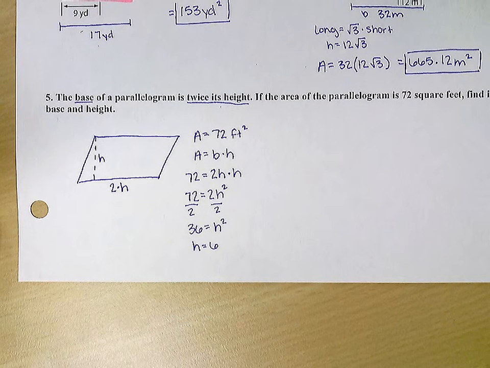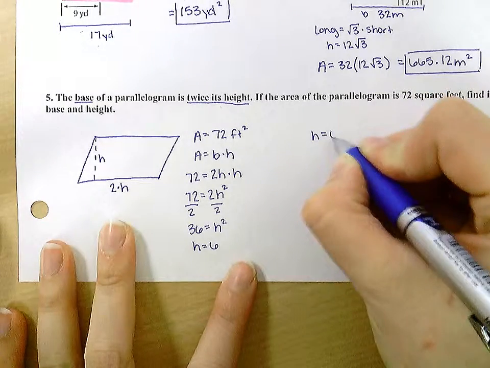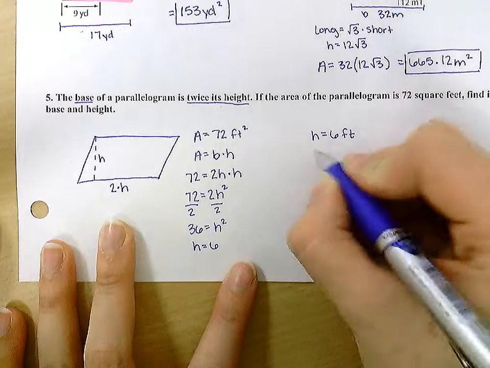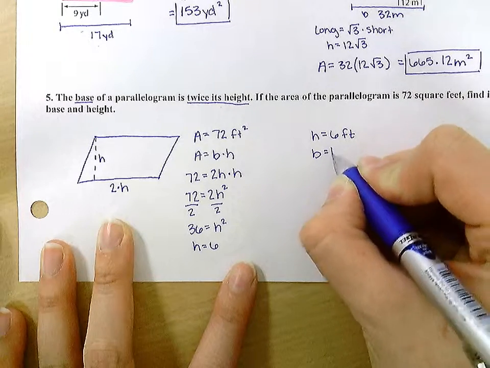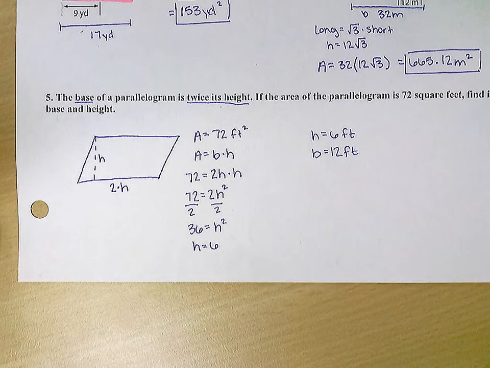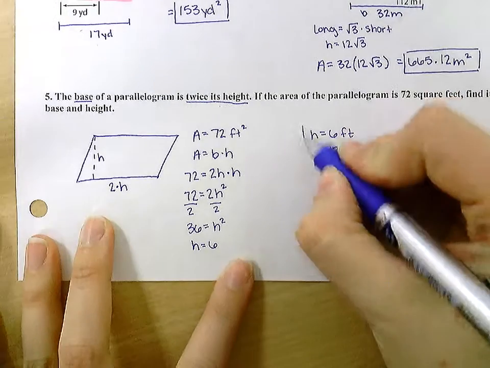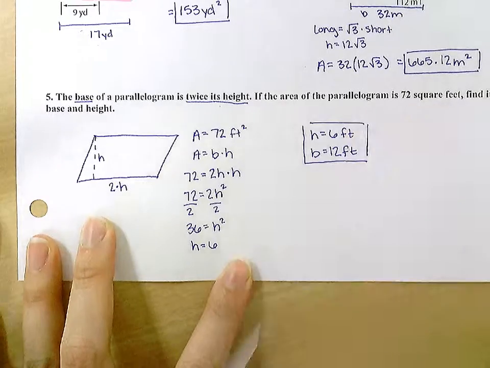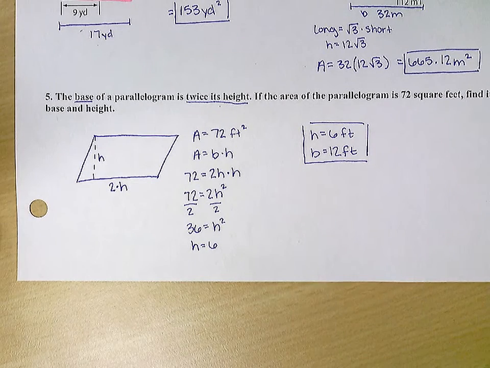Okay, so h will be equal to 6. So our height is 6 feet. What's our base then? And our base is 12. And to check, if you multiply 12 times 6, you do get 72 for the area.